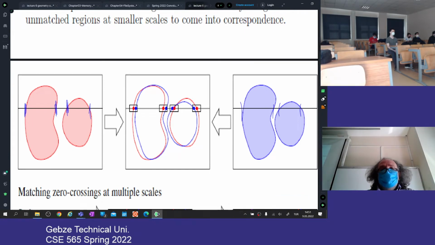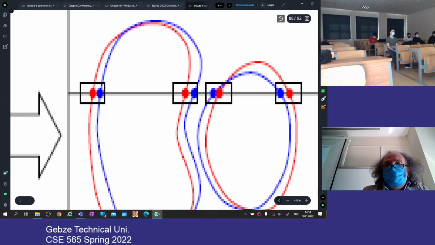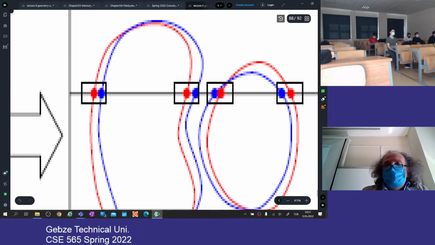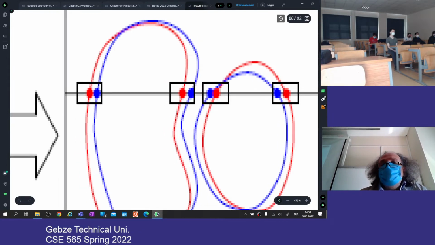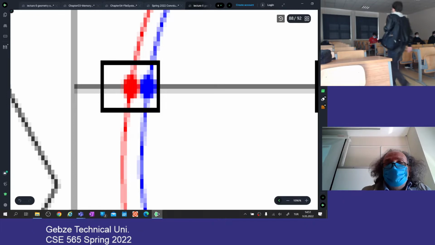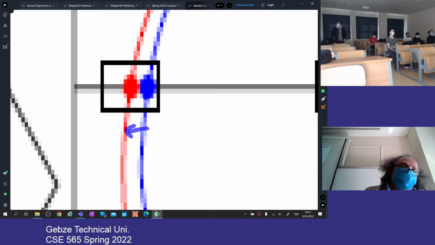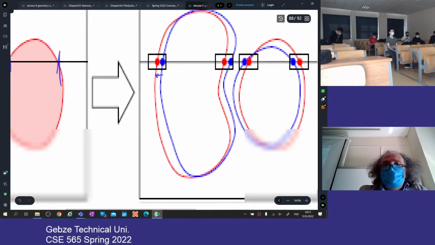Once I match them, if I put these two images on top of each other, they will not correspond to each other, but I know that this one will match to this one will match to this one. So after I establish correspondence, I can move this blue one towards the red one, so they are sitting on top of each other.